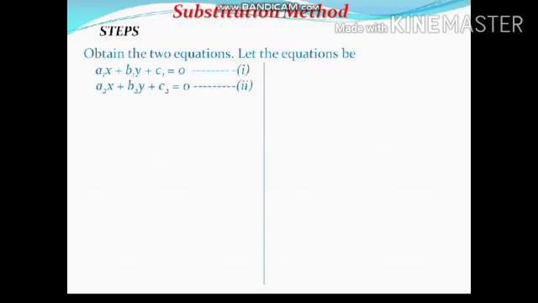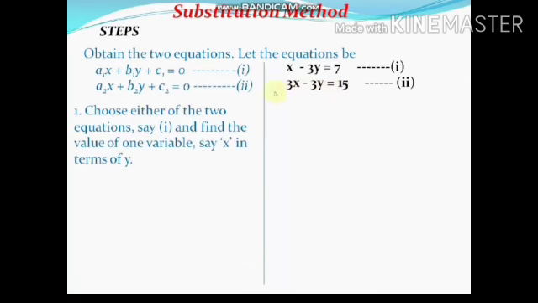Obtain the two equations. Let the equations be a1x plus b1y plus c1 equals 0 and a2x plus b2y plus c2 equals 0. Consider the pair of linear equations x minus 3y equals 7 and 3x minus 3y equals 15. First step, choose either of the two equations, say first, and find the value of one variable, say x, in terms of y.